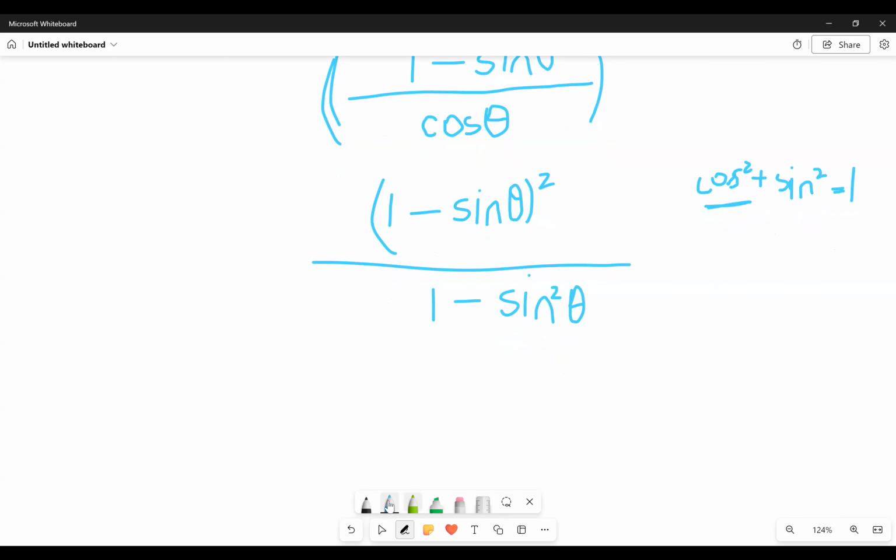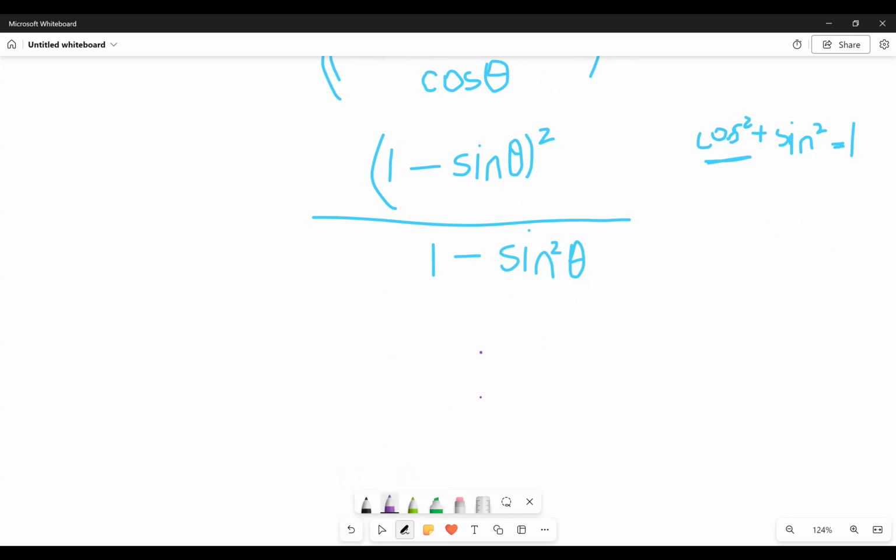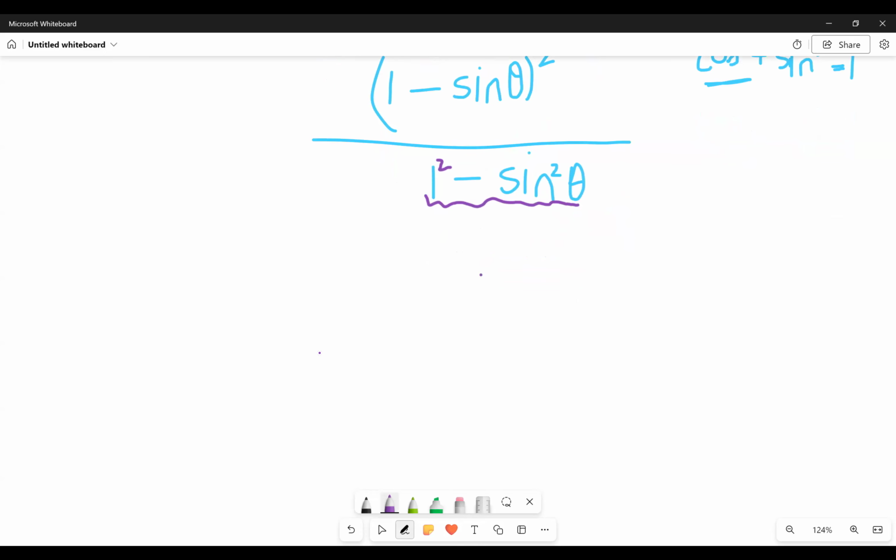Now, if you have learned anything from the class, whenever you see a perfect square or a difference of 2 squares, you need to expand it. So I see the difference of 2 squares here, because this is 1 squared minus sine squared. So now, in the denominator, this is 1 minus sine multiplied by 1 plus sine.